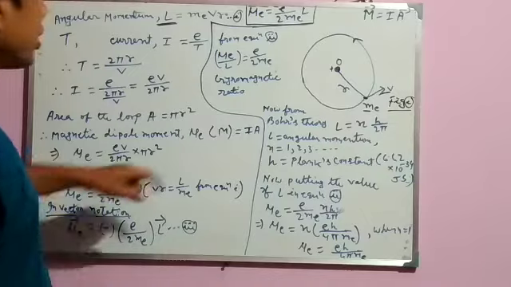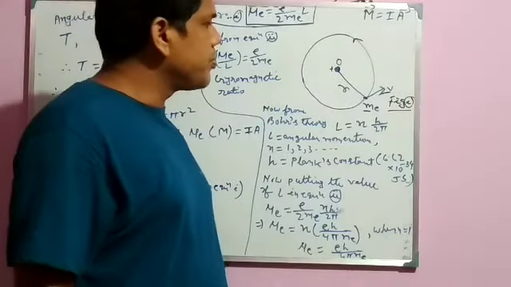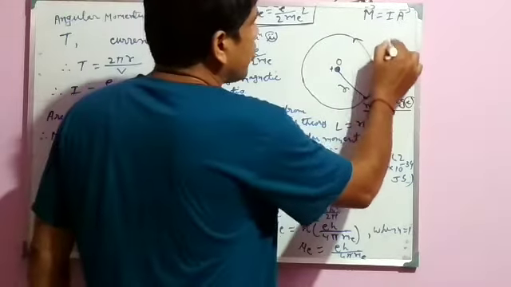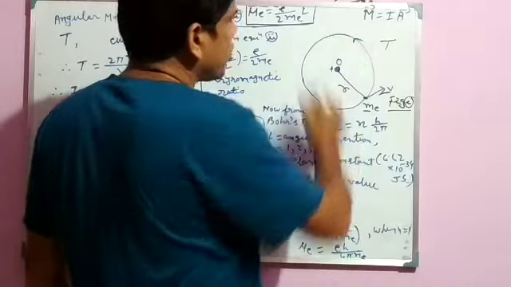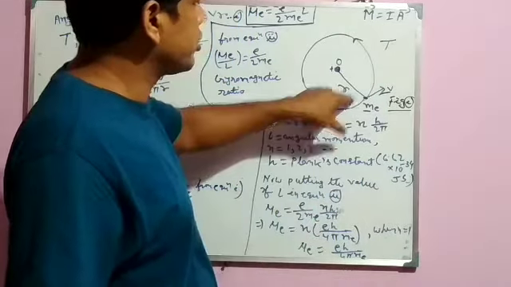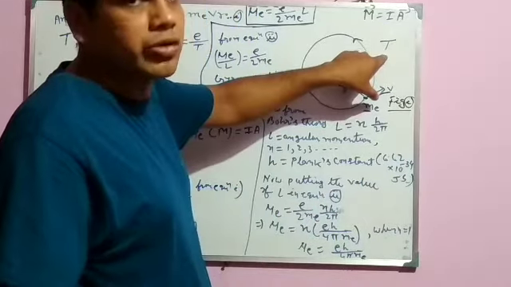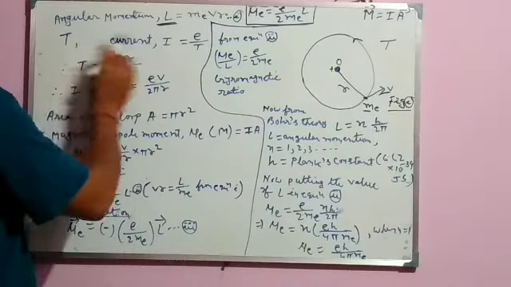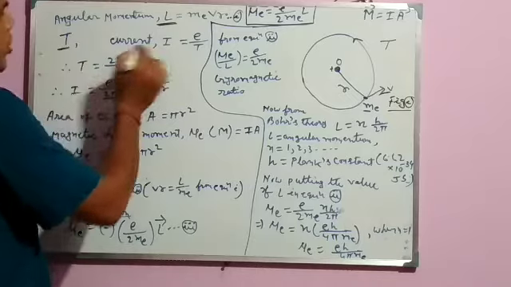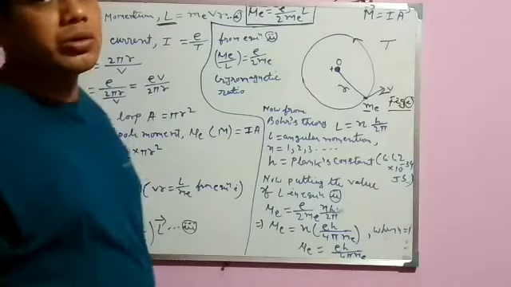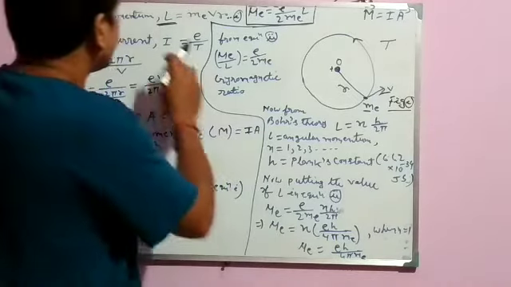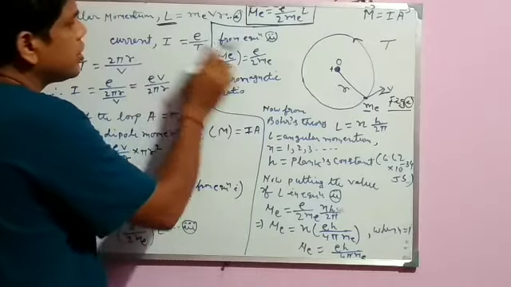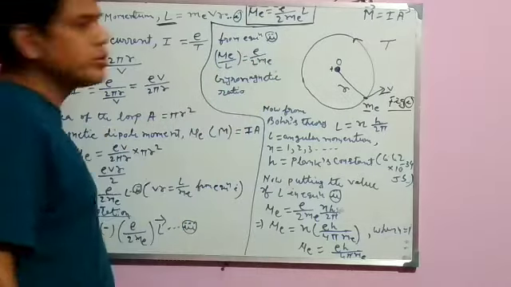Now if T is the time period, meaning the time required to complete one rotation for this electron, then current I equals charge by time, so I equals e by T. The charge possessed by the electron is e.